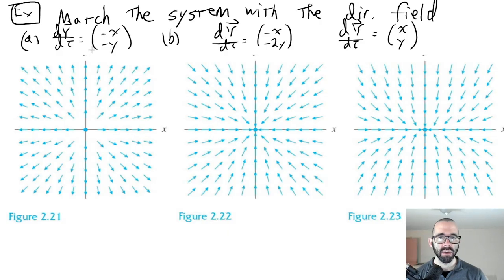Another way of doing this is to look at the behavior of the vector field itself and see which one of these might be the case. Either way, I do want you to pause the video. I know I haven't done any of these examples, but using both of those methods, either plotting your own vectors and seeing which ones match, or by looking at the behavior, I want you to pause the video and try to see if you can figure out which one is which.